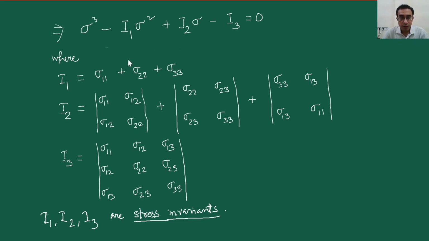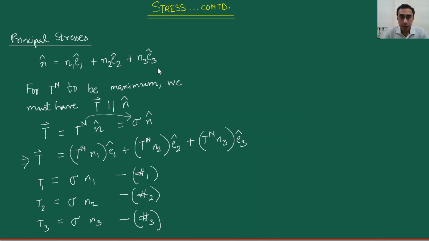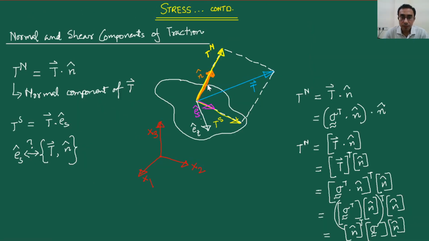We said earlier that the roots would be sigma 1, sigma 2, sigma 3, so if we are considering a plane where the T vector is parallel to n hat, then Tn is indeed one of those roots, sigma 1, sigma 2, sigma 3. But what about the shear stresses? If the T vector is parallel to the n hat, then there will be simply no component along this plane.